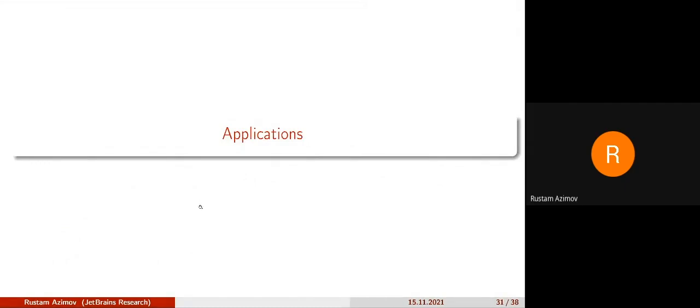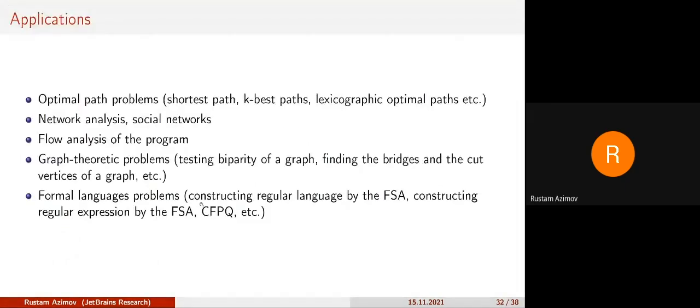Now let's talk about applications. We have a lot of applications for this framework.